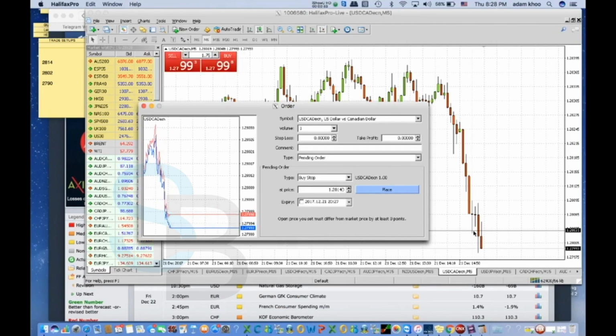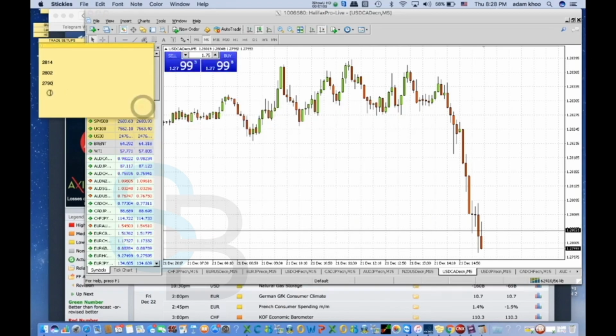Well, it's moving, as you can see, even before I'm placing the order, it's moving down quite fast to 1.2800. Okay, so I'm going to move this really fast. 1.2812, 1.2800 minus 12, 1.2788.